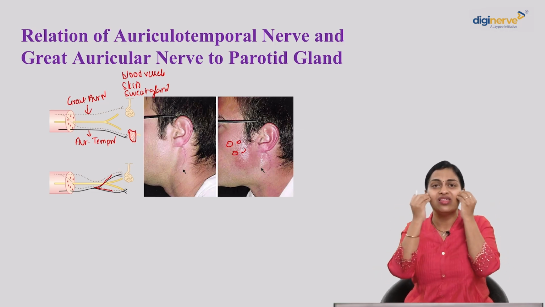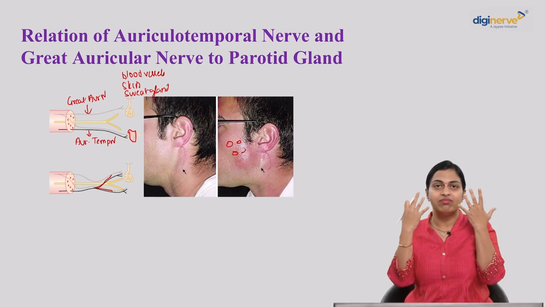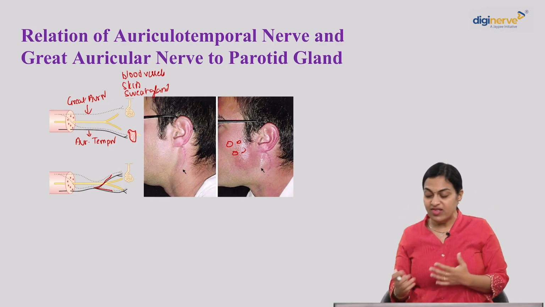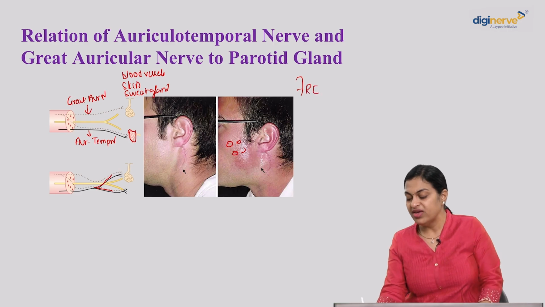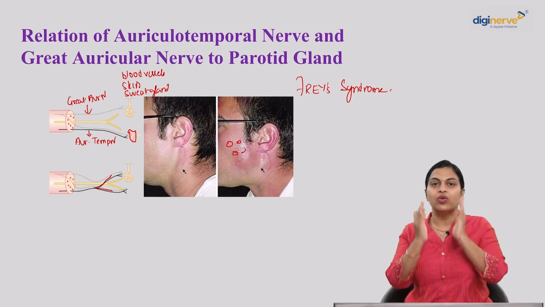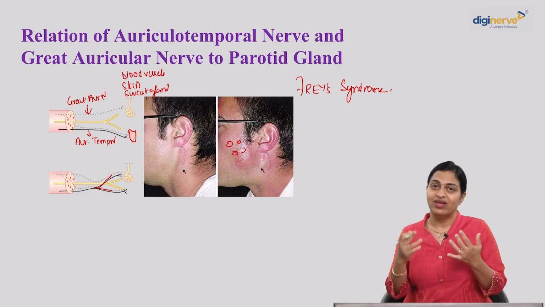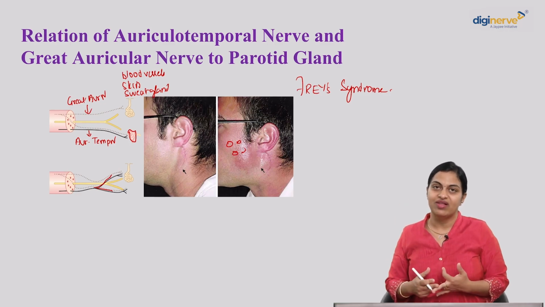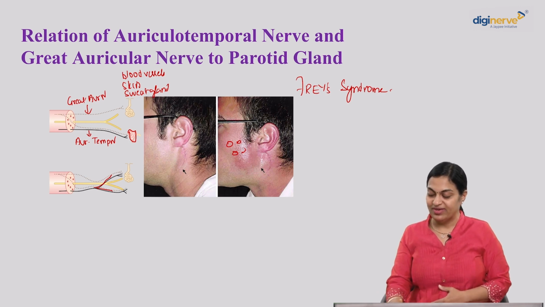So you sweat a lot, and the blood vessels vasodilate, causing blushing, right? So this is called Frey syndrome. Okay. So the great auricular nerve supplies the skin, the blood vessels, and the sweat glands. The secretomotor fibers to the parotid gland are coming from the auriculotemporal nerve.